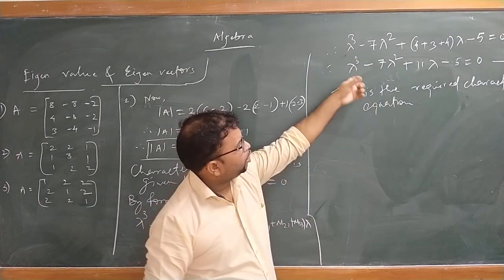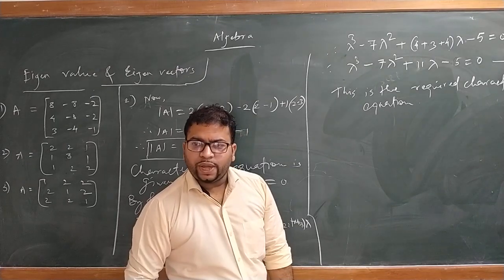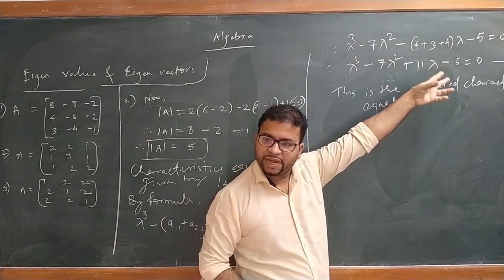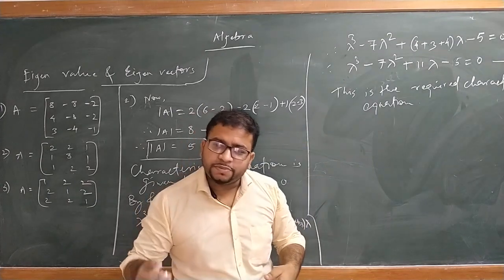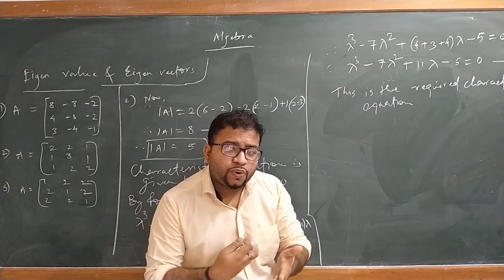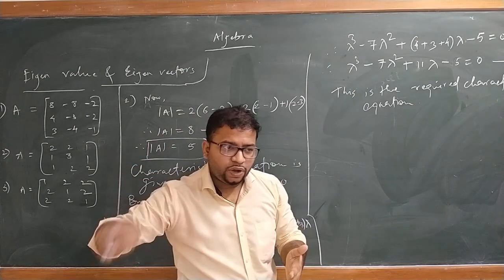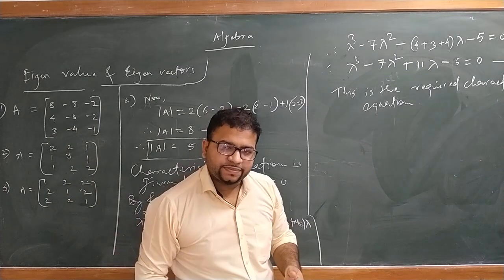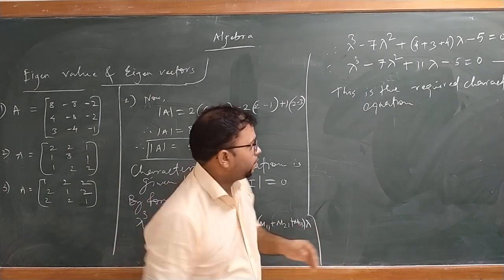Correct? Put lambda equal to 1 in the equation: 1 cube, 1 minus 7 plus 11 minus 5 equals 0. This is the conceptual part: when the addition of all the coefficients is 0, then lambda equal to 1 is one of the roots, or lambda minus 1 is one of the factors.